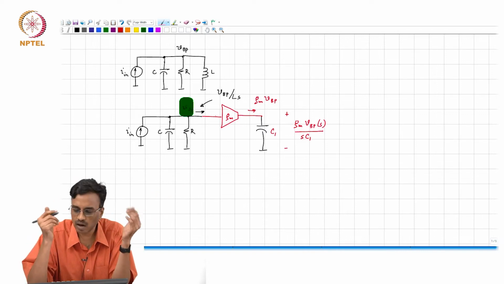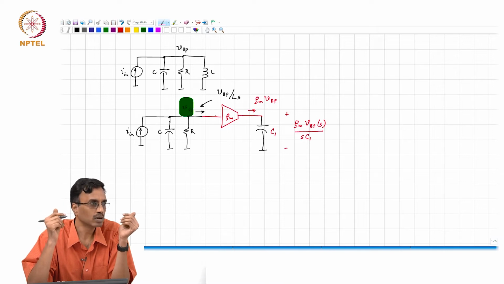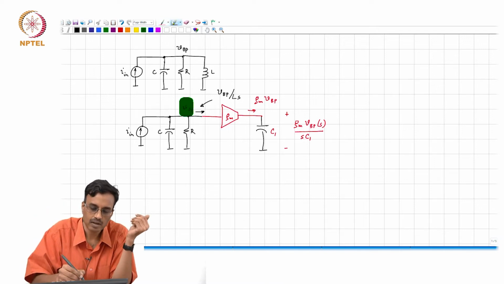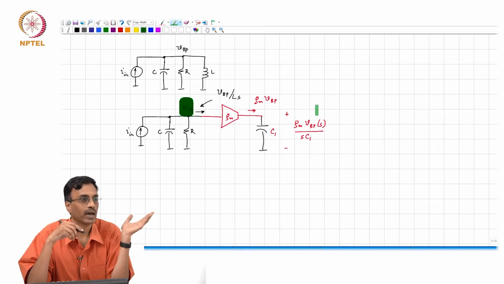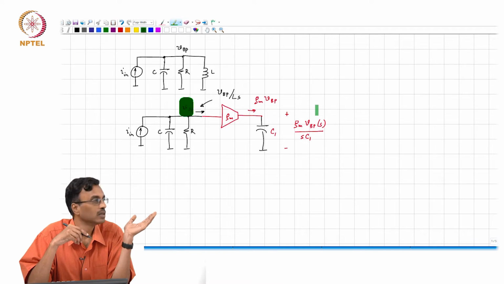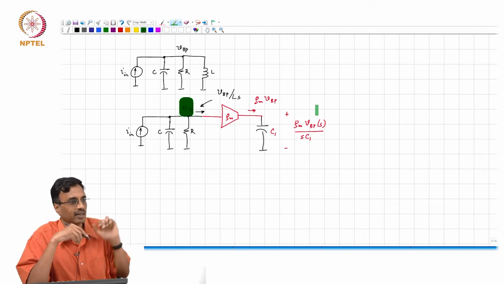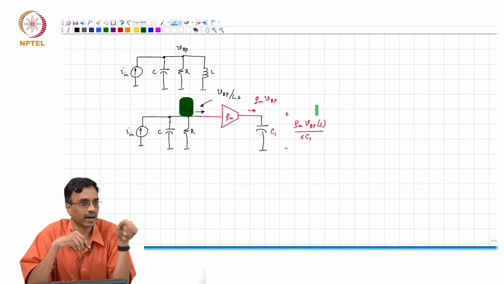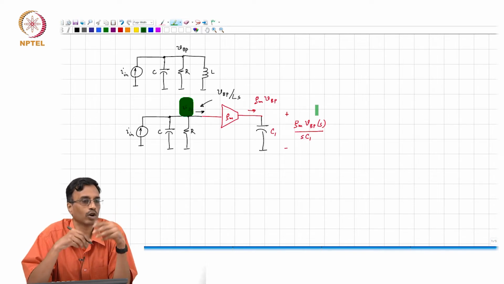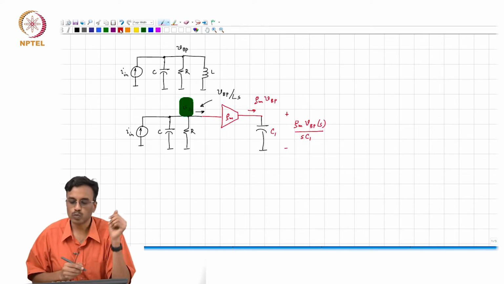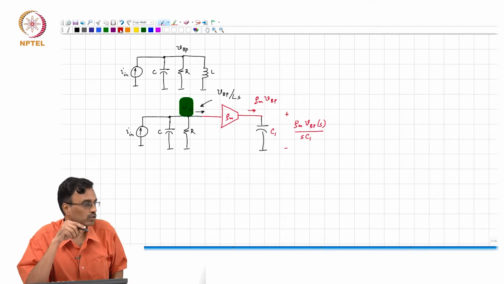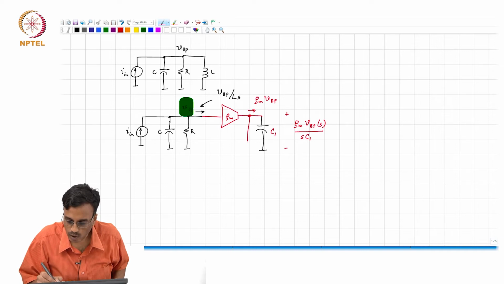So what do you think we should do? Do we have a VBP by s somewhere? Where? The voltage across the capacitor has the same form, except that it is a voltage, and we need a current. So you need a voltage controlled current source. What voltage is it supposed to sense? It senses the capacitor voltage.